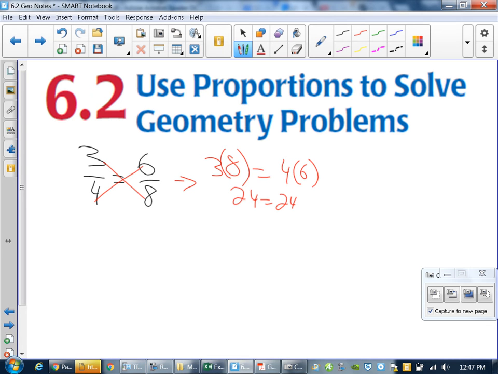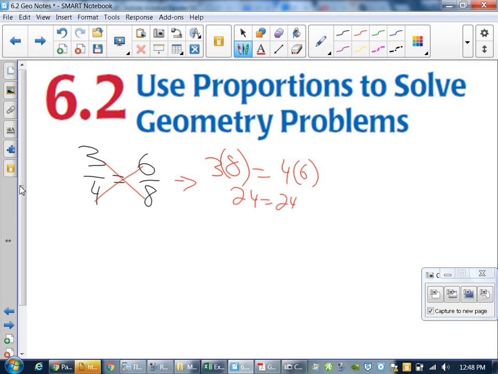Everybody okay with that? Now, all we're doing there is just, anytime we have fraction equal fraction, if it's true, you can cross multiply. All right? Some of the really basic properties of proportions then allow you to do other things.